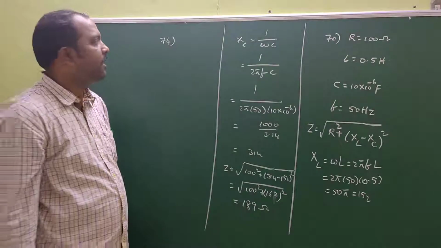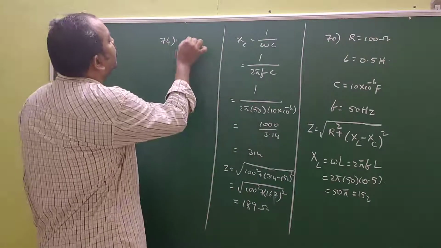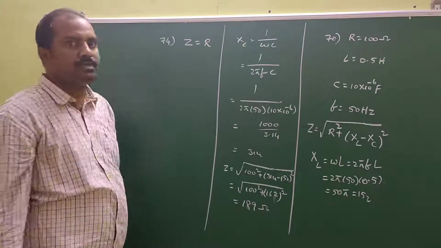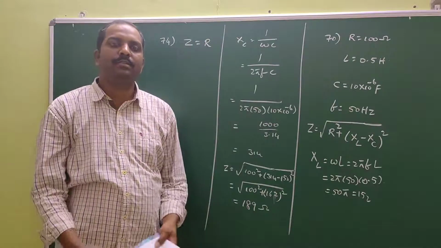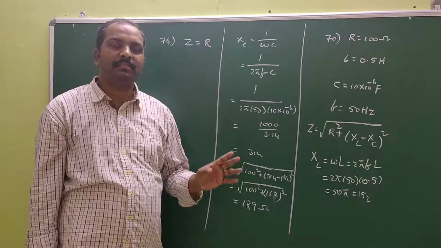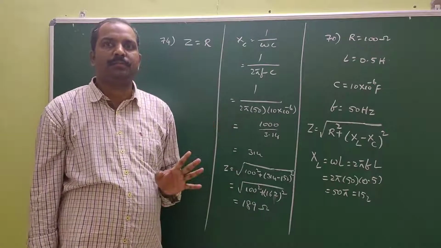At resonance condition, impedance will be minimum. That is equal to the resistance of the circuit only. So that means at resonance condition, the circuit acts as a resistor circuit.